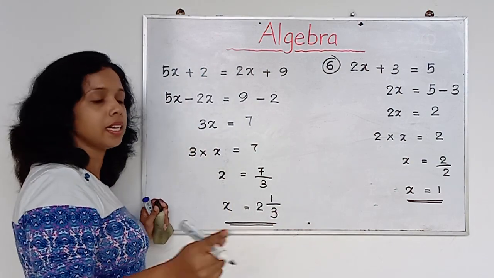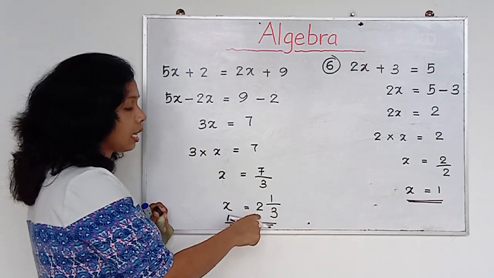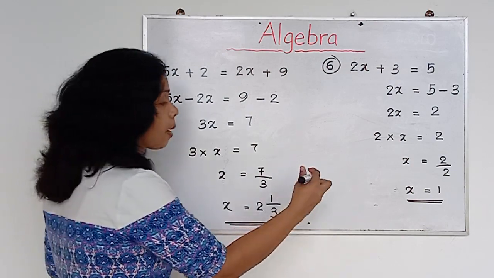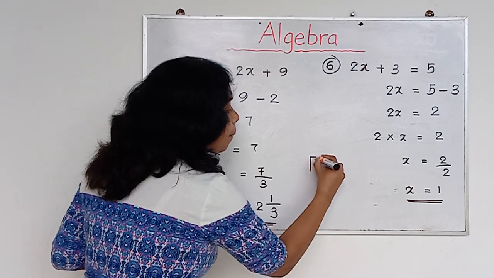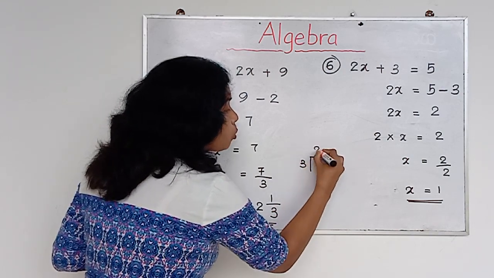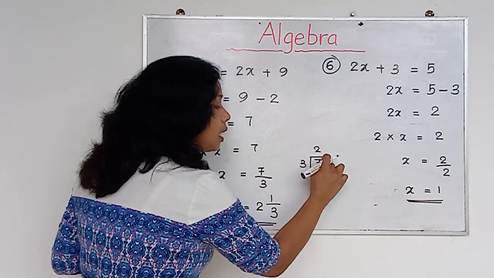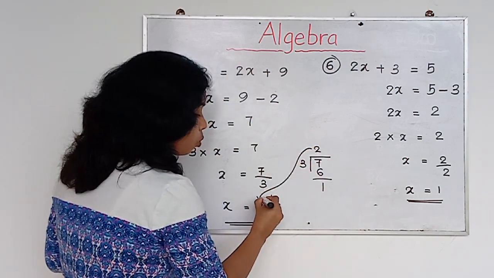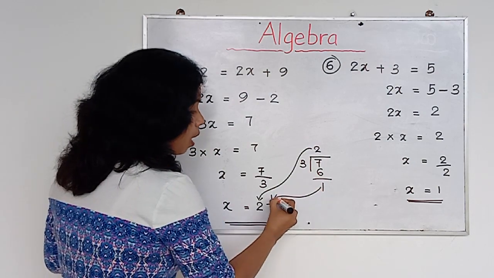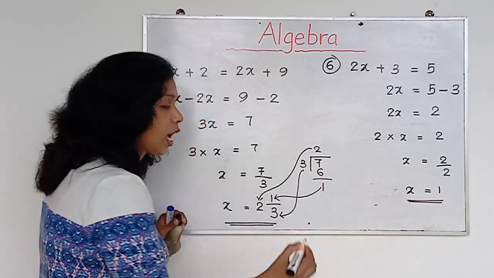For your information, shall I show how I convert this improper fraction to a mixed number? Look at this. 7 over 3 means 7 divided by 3. 3 times 2 is 6. Then 7 minus 6 is 1. So 2, remaining 1. Now can you understand?